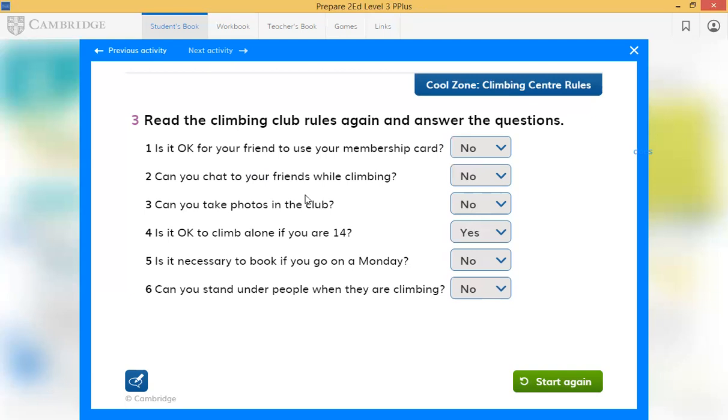Okay, let's go to the next activity. Yes, activity number 4.